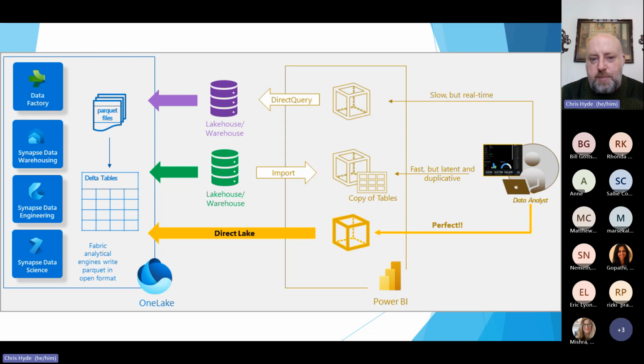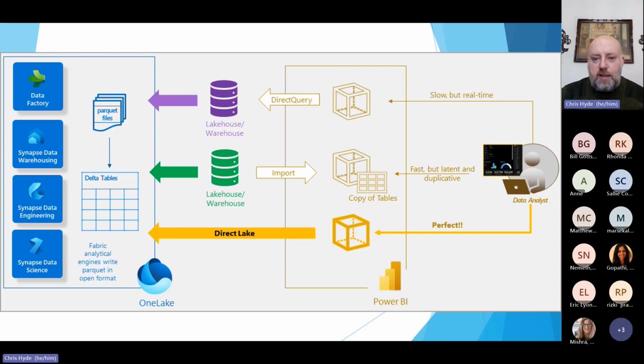If we want it to be super speedy, we do an import of our data set into the VertiPaq engine, and we can query that. It's super fast, but there's some latency because maybe we're only doing our refreshes every day or every hour. And it's also duplicative, right? We're making another copy of all that data in the Power BI data set.